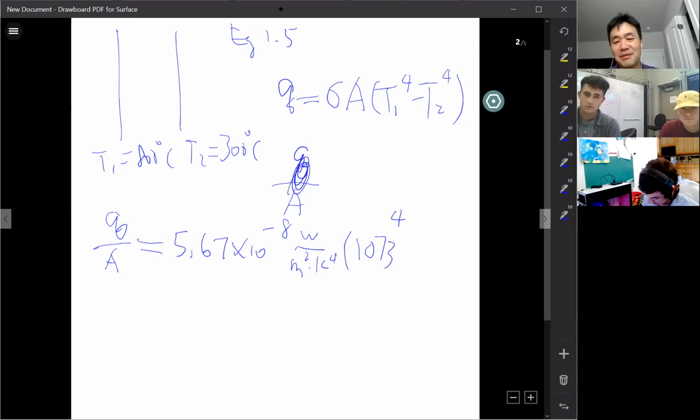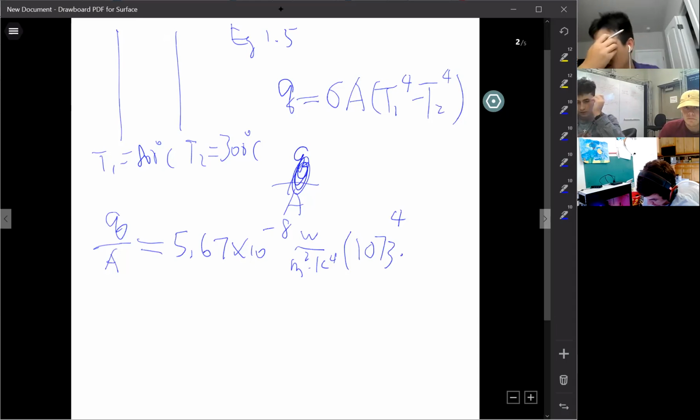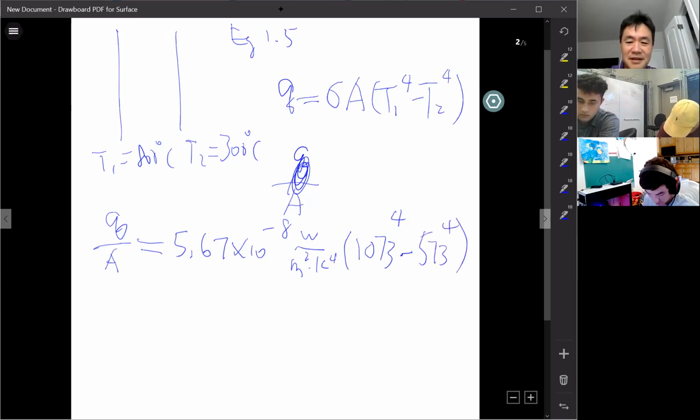So for a radiation problem, you really need your calculator. A lot of calculation. By hand is probably pretty difficult. 300 degrees, so 300 plus 273, 573 to the power of 4. Then that's just calculation.